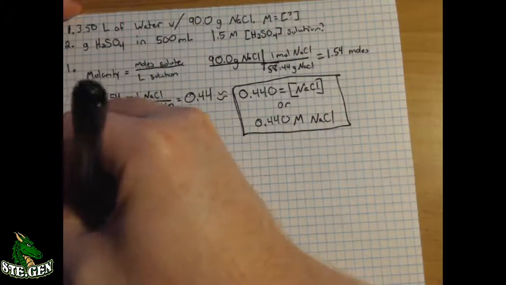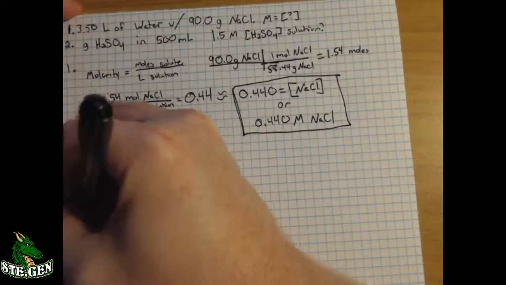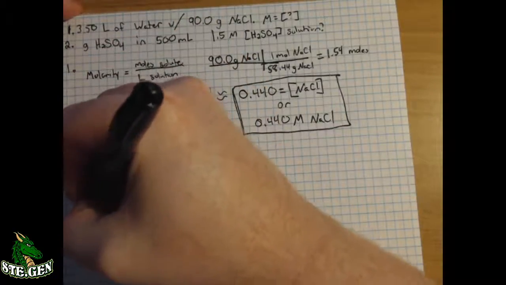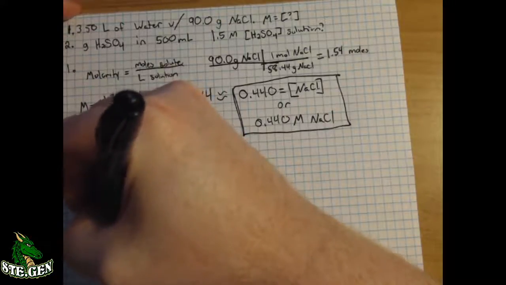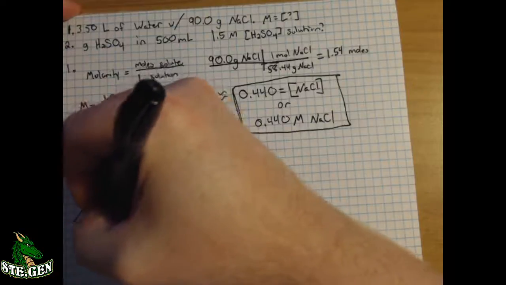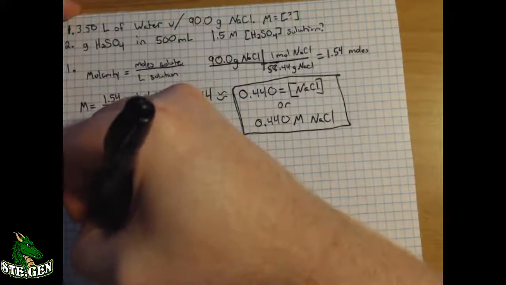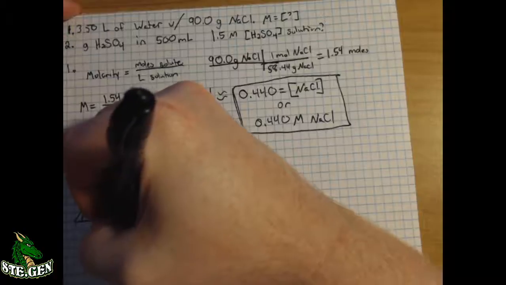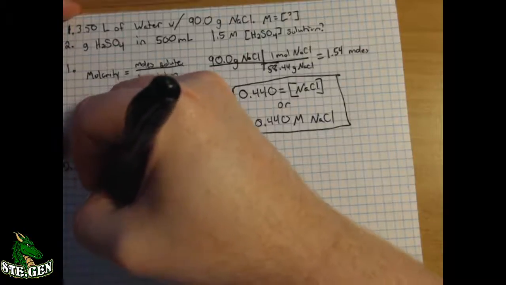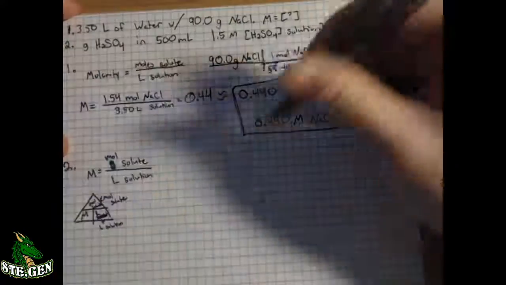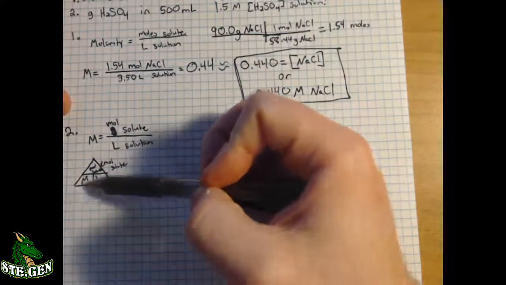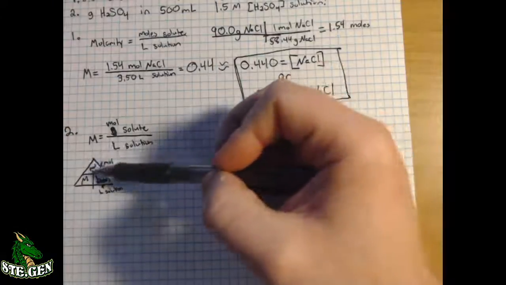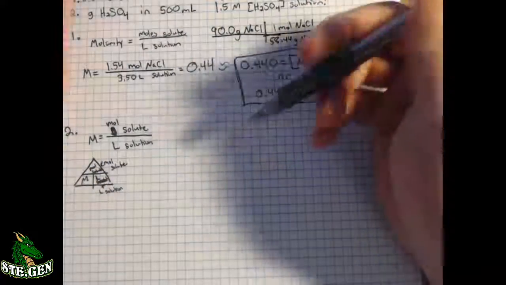So you could do this like the density pyramid. Molarity would be here, moles of solute would be here, and then liters of solution would be here.